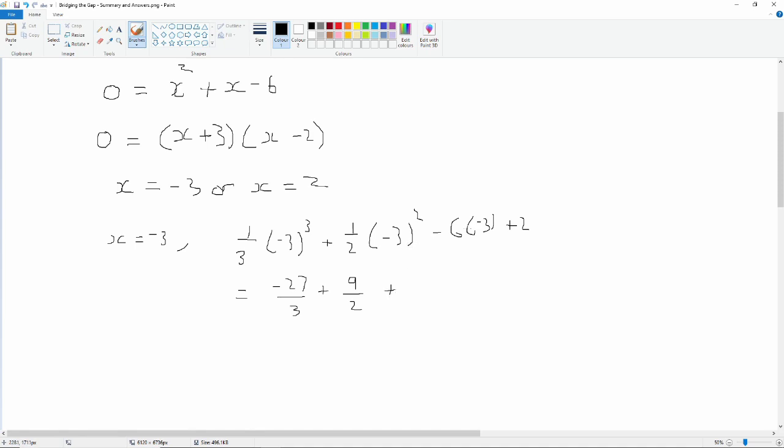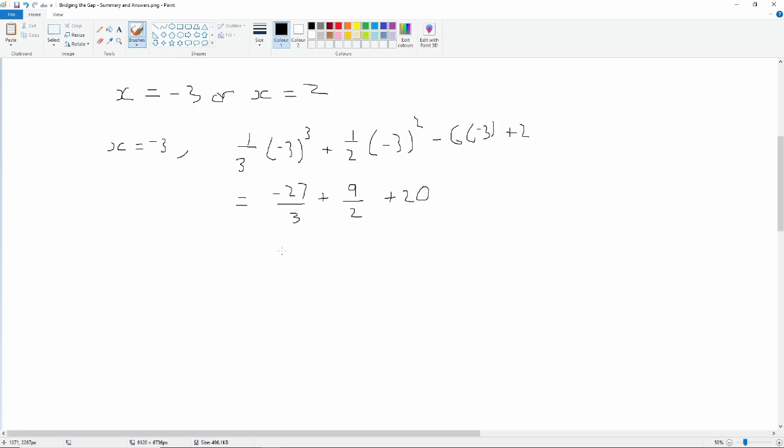I'm not going to write down plus 18 because the next term is plus 2, and 18 plus 2 is 20. Okay, so -27 divided by 3 is -9. So that's equal to -9 plus 4.5 plus 20. 20 minus 9, well, 20 minus 10 is 10, so 20 minus 9 would be 11.